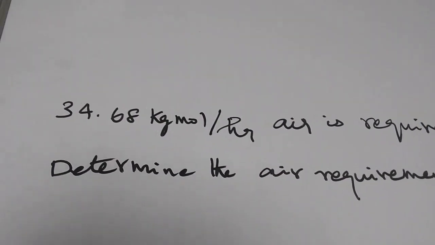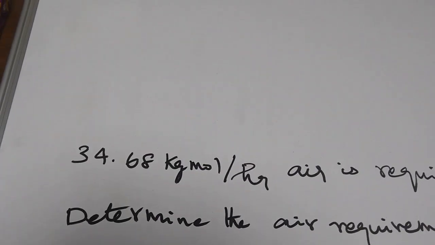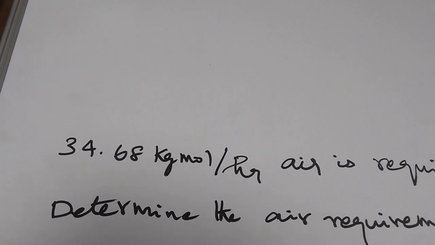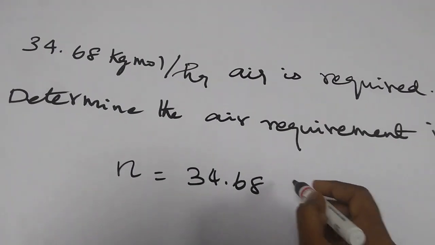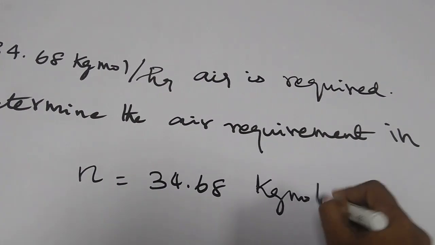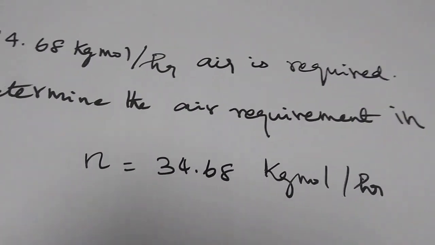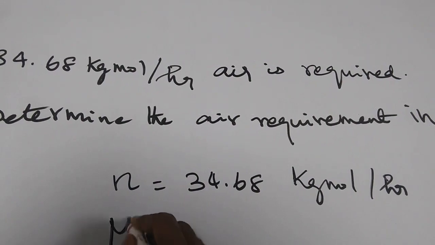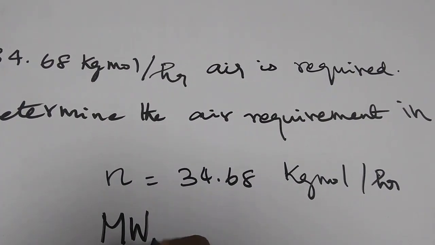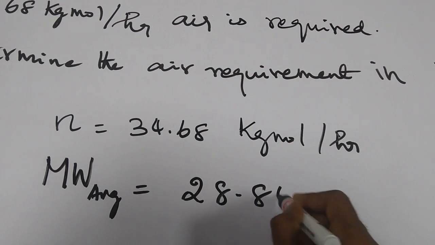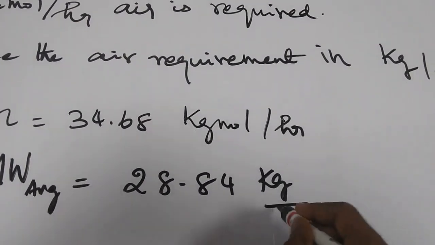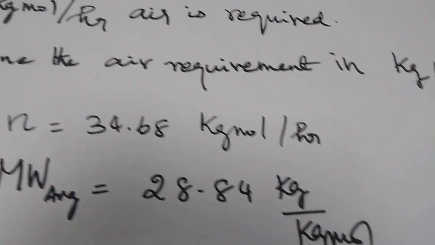We know the number of moles is given, 34.68 kg mole per hour, and we know the average molecular weight. The average molecular weight of air is 28.84 kg per kg mole.